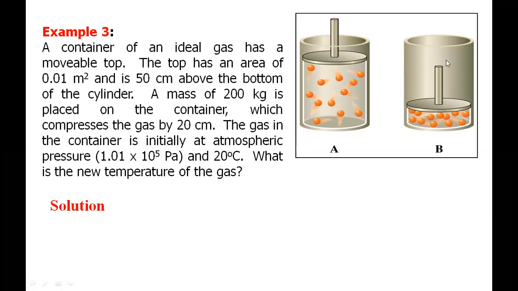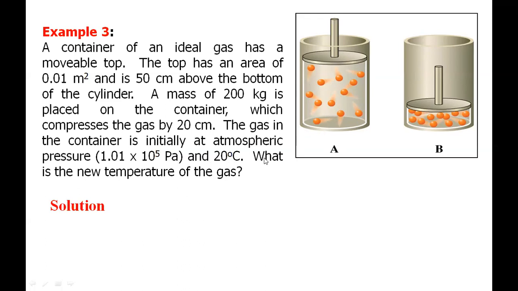Okay, this is one. If we take a line from here, the gas in the container is initially at atmospheric pressure, 1 times 10 to the power 5 pascals, and 20 Celsius. So we initially have 1 atmosphere of pressure, 1 times 10 to the power 5 pascals, at a temperature of 20 Celsius.